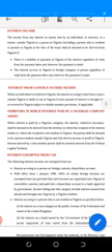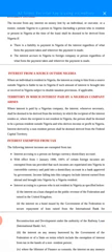Then we have interest from a source outside Nigeria. Where an individual is resident in Nigeria, the interest accruing to him from a source outside Nigeria is liable to tax in Nigeria if such interest is brought into or received in Nigeria, subject to double taxation provisions.